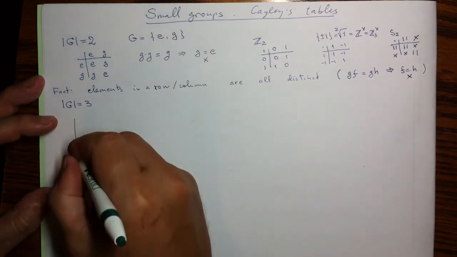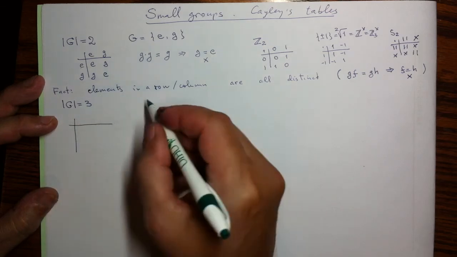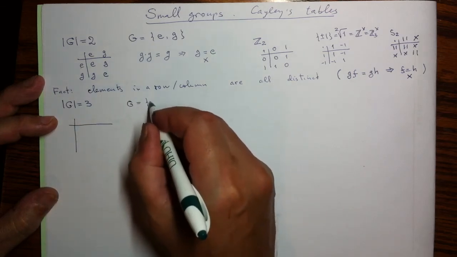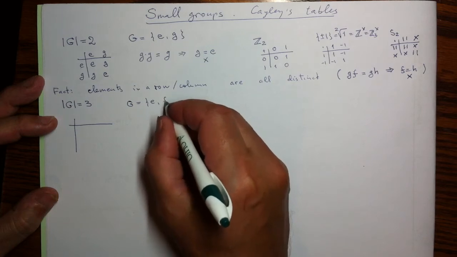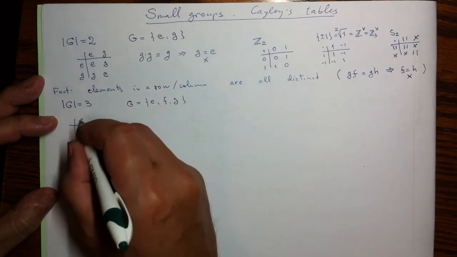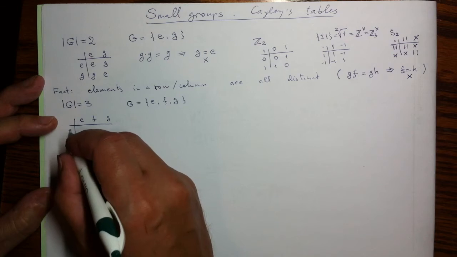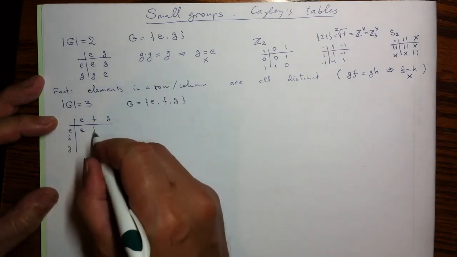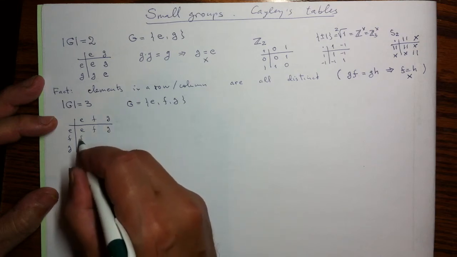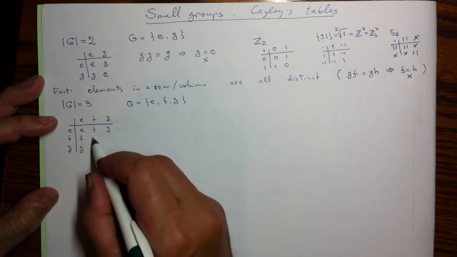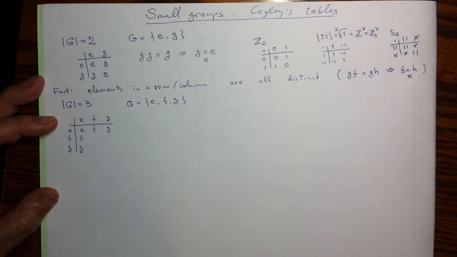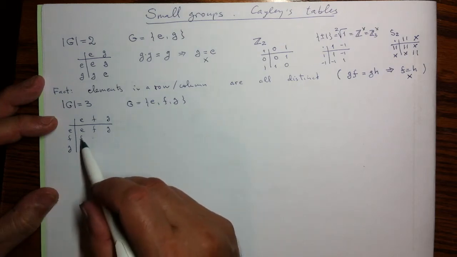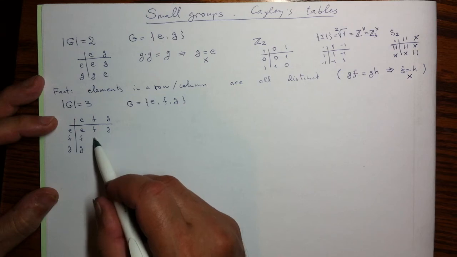So let's use this, listing elements, f and g this time, putting them as labels of our Cayley's table, and filling as much as we can using the identity rules. Let's see what we can put here. Well, in this row we already have f, so we cannot put f again here.